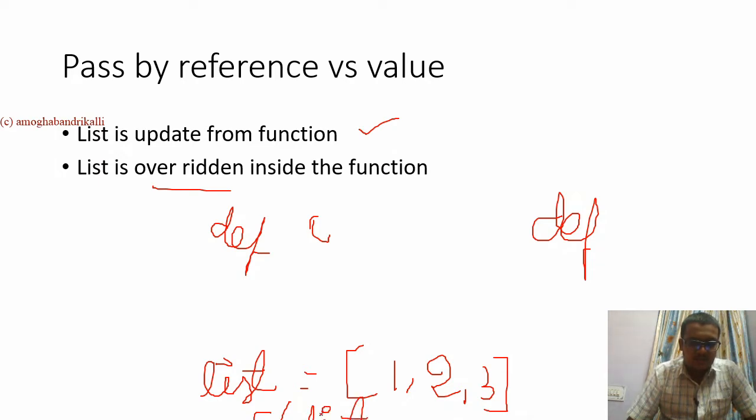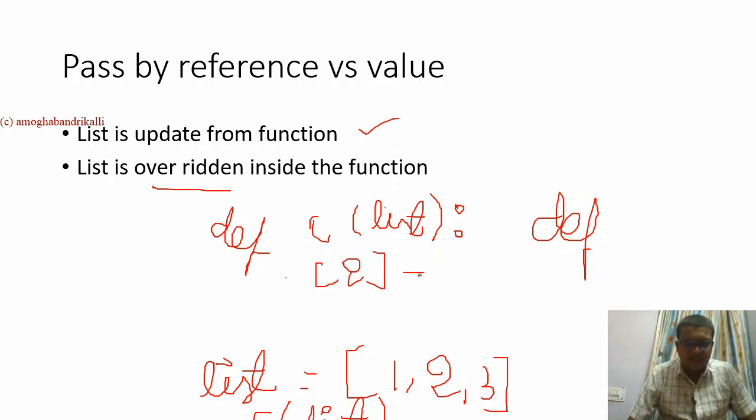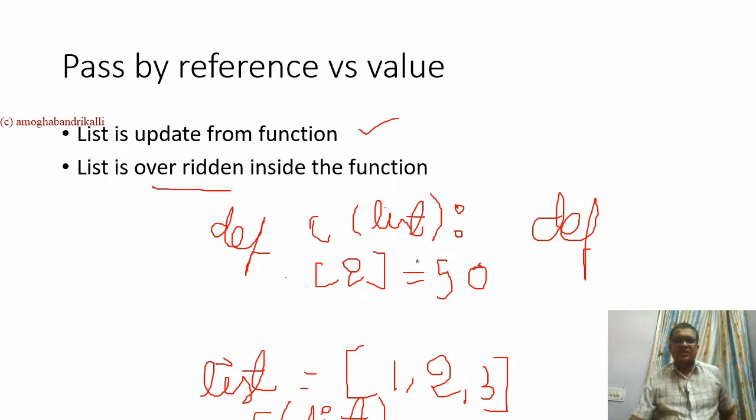Inside this, it is going to accept the list, and the second value is going to be updated with a newer value. So this is called an updation of a function.